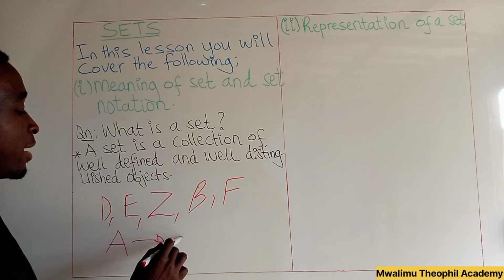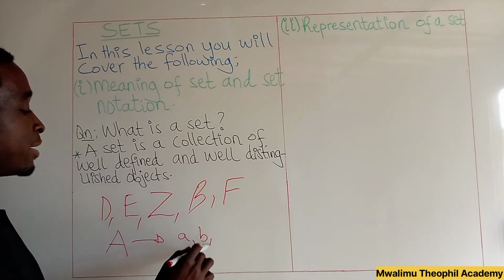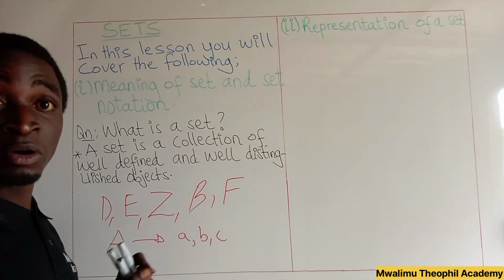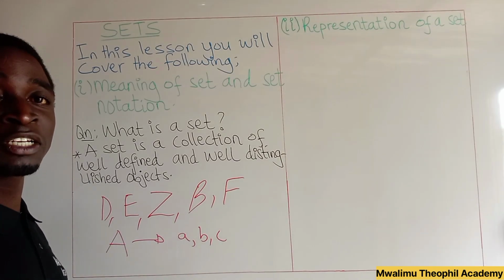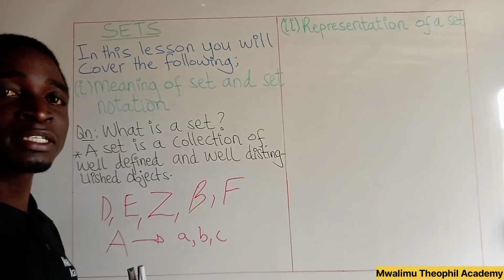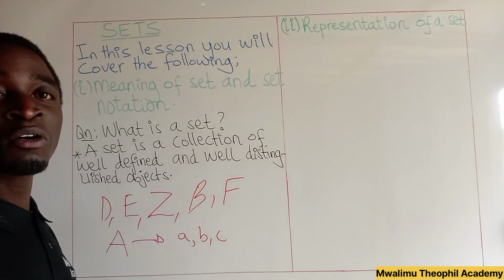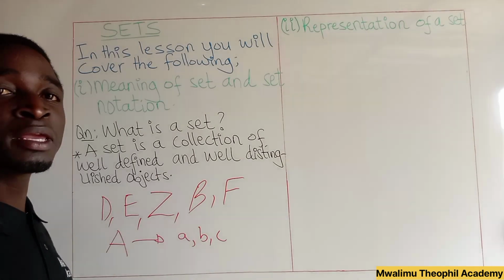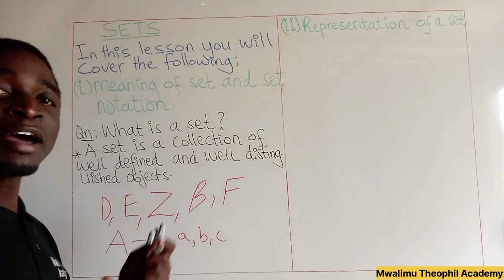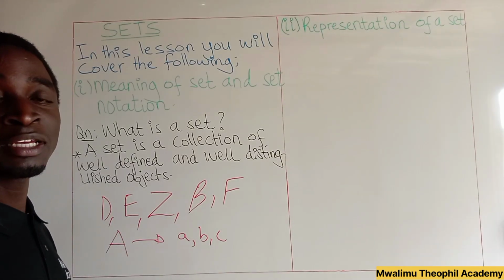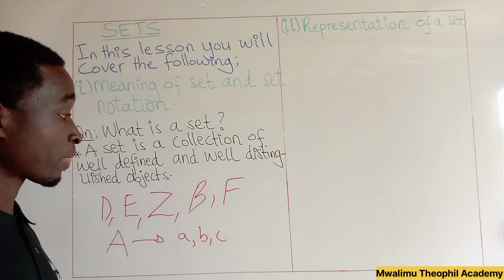For example, a, b, and c. These elements should be in small letters, so you have to take note of that. But you also have to remember that the elements of a set are not necessarily letters. You may find sometimes they are given in terms of numbers, so it depends.